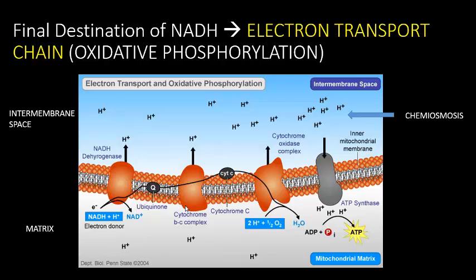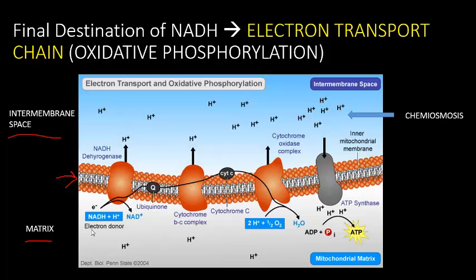The electron transport chain is embedded within the inner membrane of the mitochondria. So if we're looking at this diagram here, this is the inner membrane. Down on this side would be the mitochondrial matrix, and on this side here is the intermembrane space.